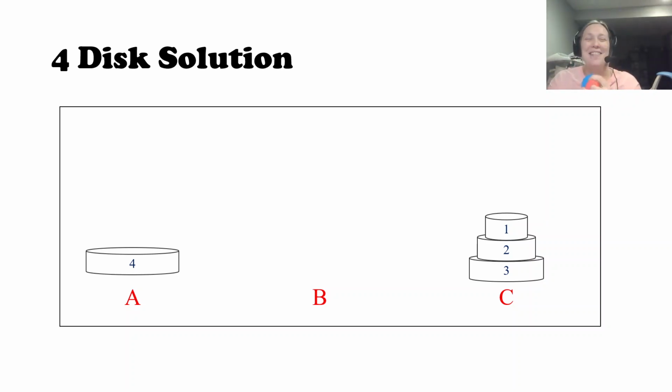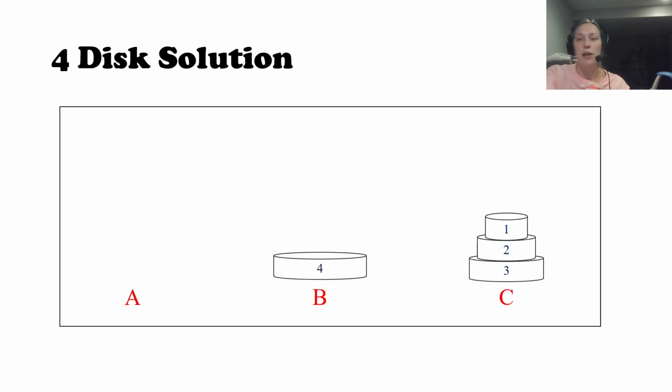We just changed the towers that we did it with. Moving that stack of 3 is going to be key to building our recursive solution here. Then I move over 4, because I want all of them to end up on B.